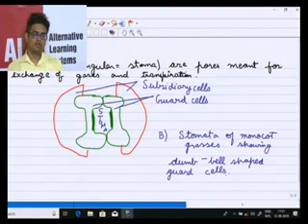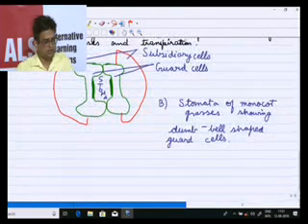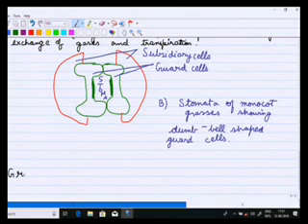Okay. So this is epidermal tissue system. Next, please write ground tissue system.